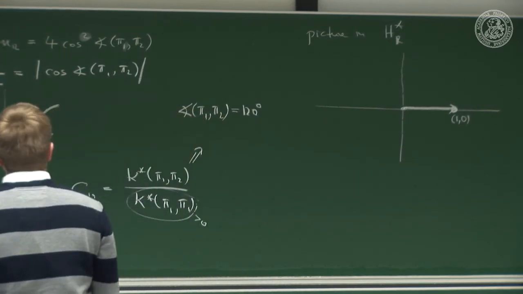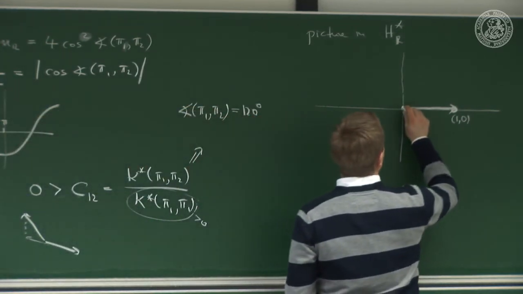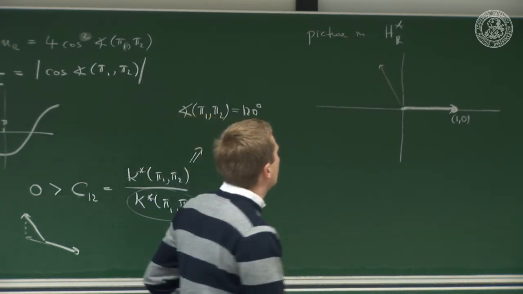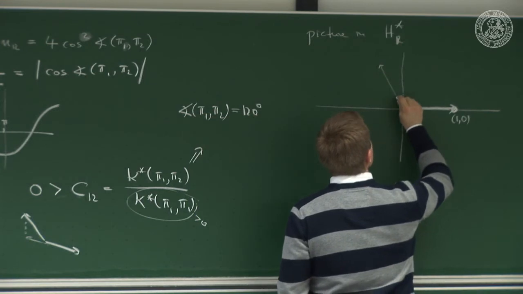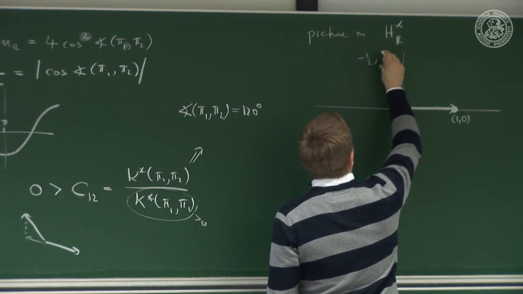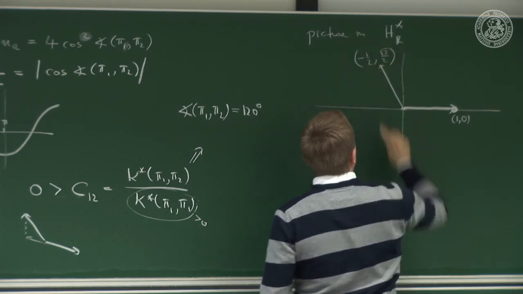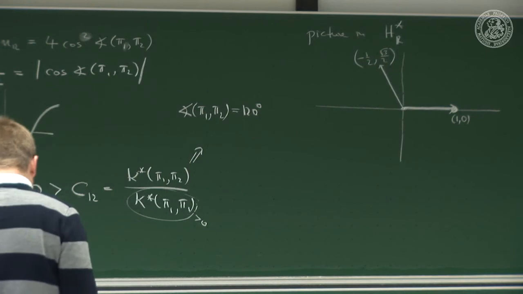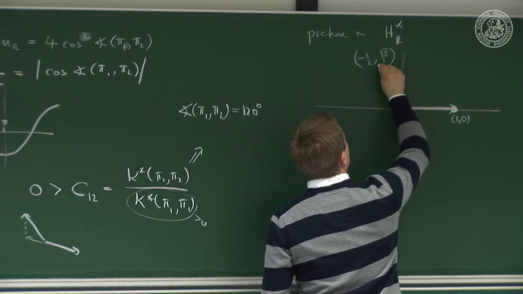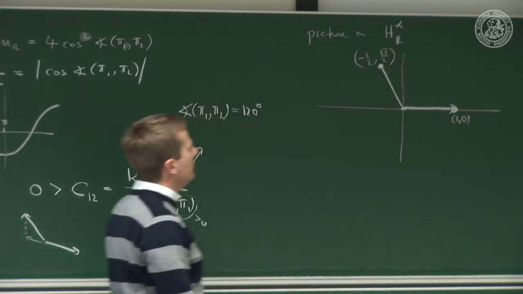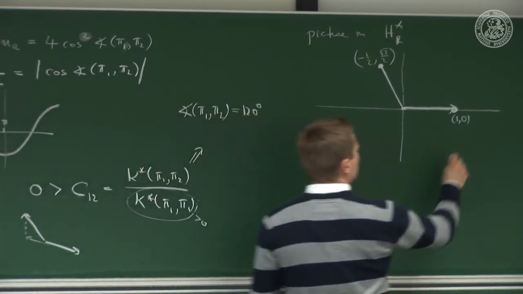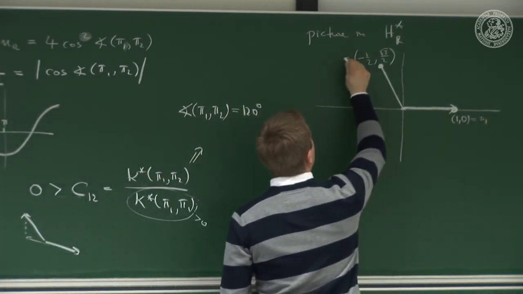And then the other one must be at 120 degrees. So let me put it here, for instance. It doesn't matter, you could rotate the whole thing. But that then needs to be, if this is length 1, minus 1/2, square root 3/2. Let me think, this squared is a fourth, plus 3/4 is 1. Yeah, that's right. So we can take this as the other root. Okay, so these are the two fundamental roots. So this is pi1, and this is pi2.